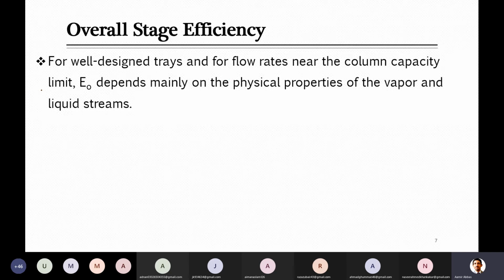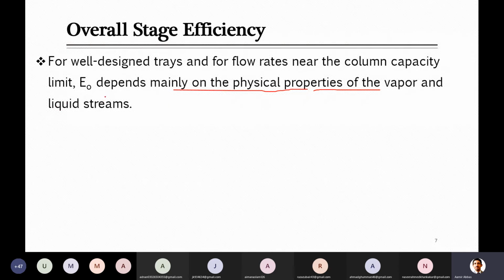For example, the column can handle some amount, and if you are bringing the flow close to that amount, it means the flow rate is already adjusted. You are not disturbing the column by bringing too high or too low flow rates. So if flow rates are close to the capacity and trays are properly designed, then the only parameter affecting efficiency is the last one, the properties of the vapor and liquid streams.